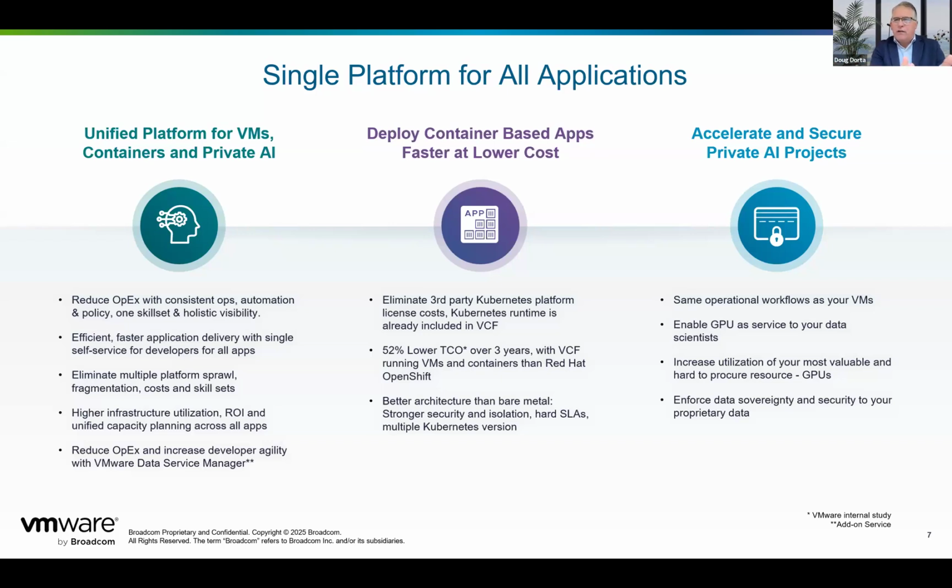But with VCF 9, you are getting a Kubernetes management that is equal, if not superior, because of all the other things that are in the environment, to something like Red Hat OpenShift. You are allowed to use the same type of services that they have, the same development, the same deployment, but on top of that, that particular ecosystem is now under VCF.